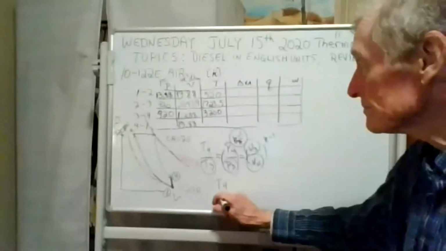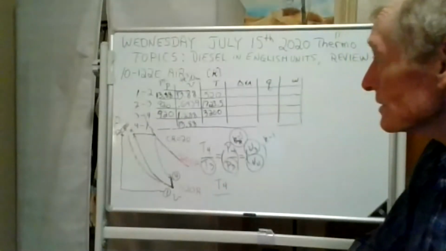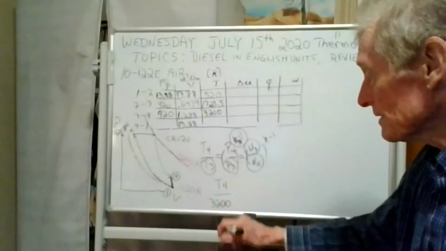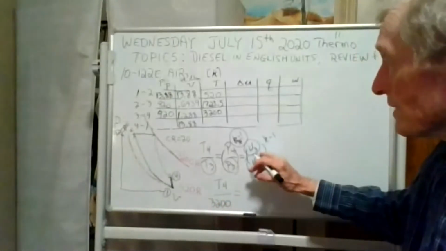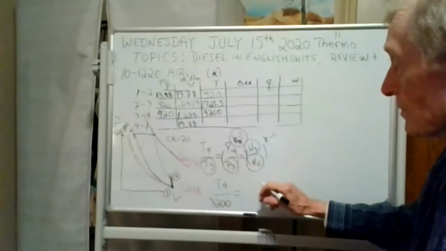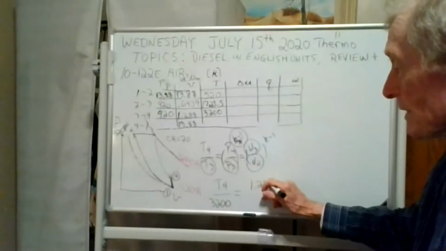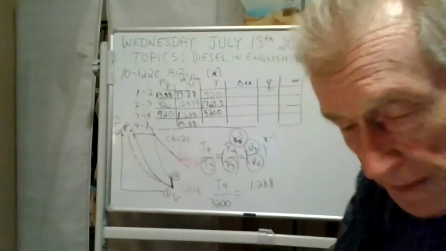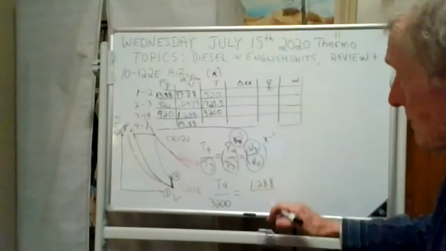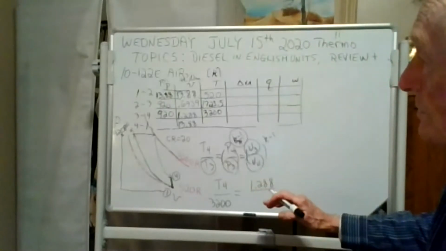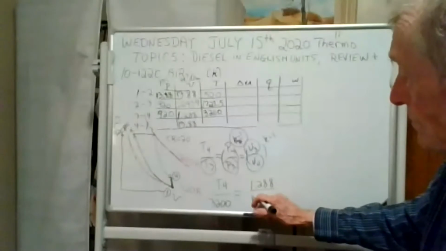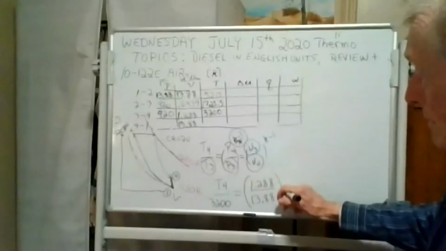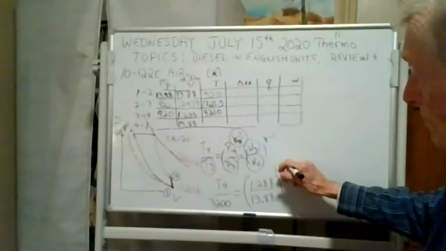T4 over T3, T3 is 3200, right? V3 is 1.288. Is this showing up on your board? Maybe. Yeah, I think so. Divided by V4, which is 13.88, to the 1.4 minus 1.